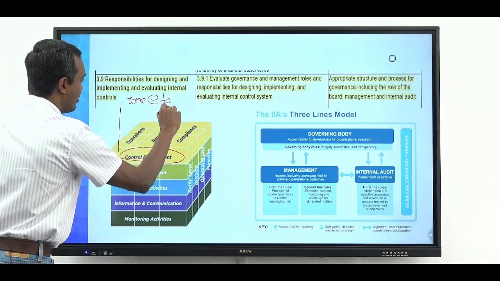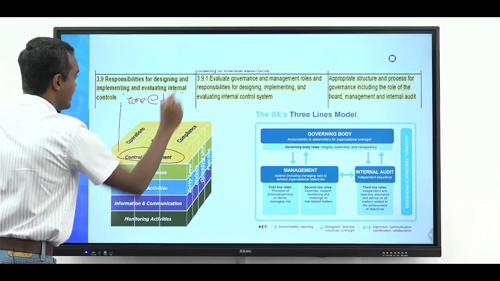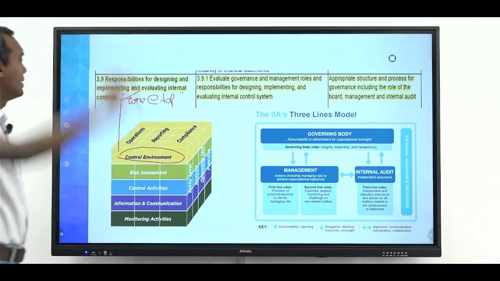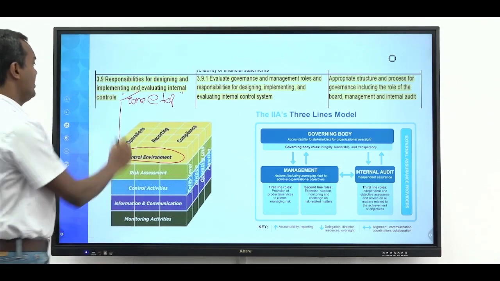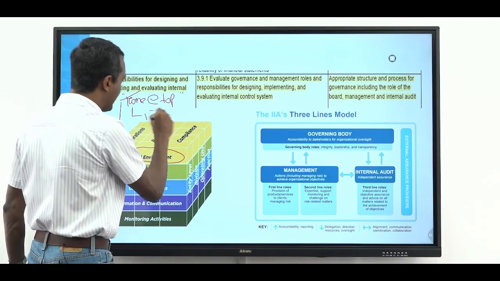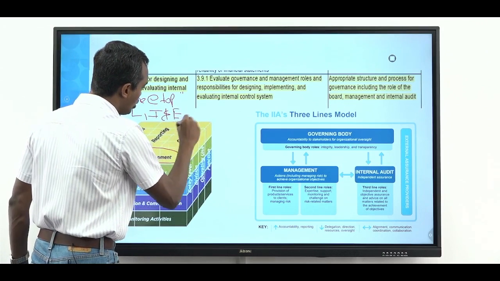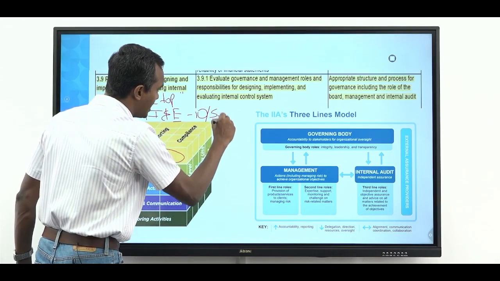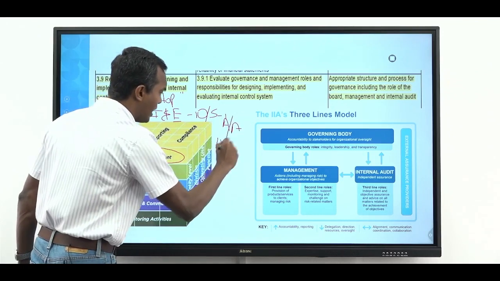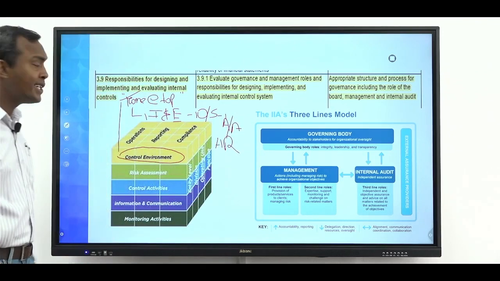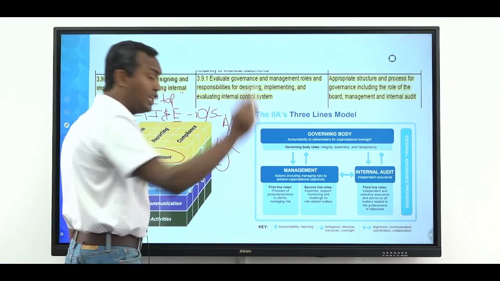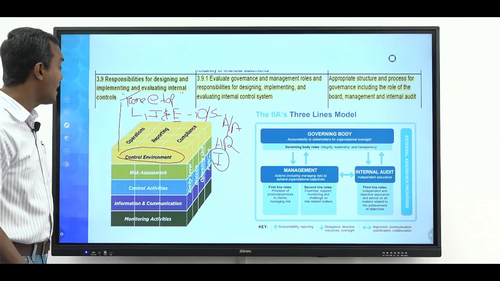Always in the exam, if there is a question that deals with the control environment, you may want to write, they set the tone at the top. With this tone, what does it mean? Creating a culture of integrity and ethics, ensuring that there is a proper organization structure, assignment of authority, and having the right people in the organization, and the board independently challenging management, the board oversight.